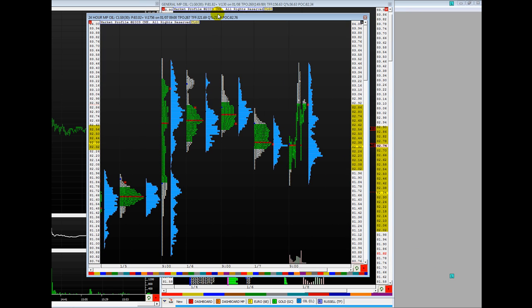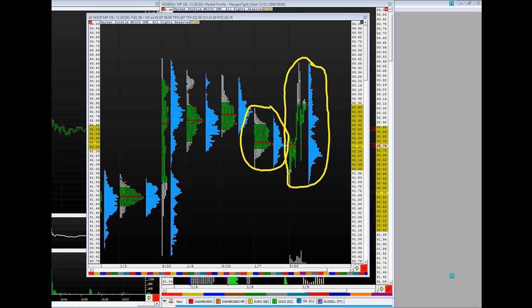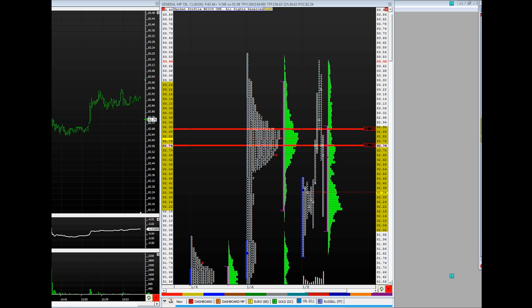Let's bring in the 24-hour profile. Sorry, the dome went away because I clicked this program. This is showing the day session as well as the 24 hours. So this is the day, this is the 24-hour. With the volume profile, value area is green, point of control is red. I just use this for more support and resistance areas and more information.